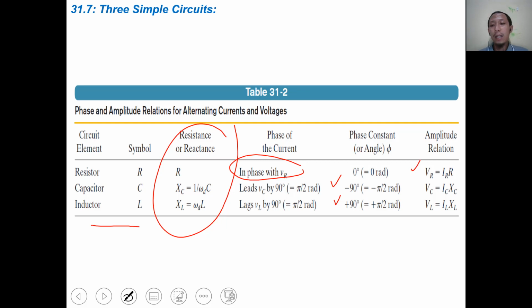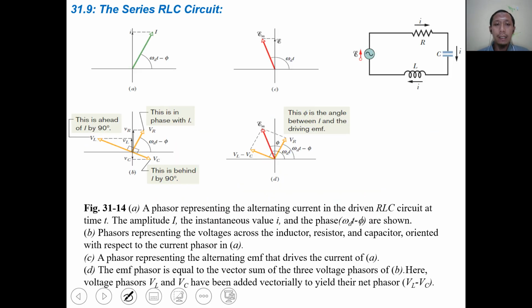So this is the amplitude relation: VR is equal to I R, VC is I XC, and VL is I XL. If we have a series RLC circuit like this one, it depends on what R, XL, and XC are.